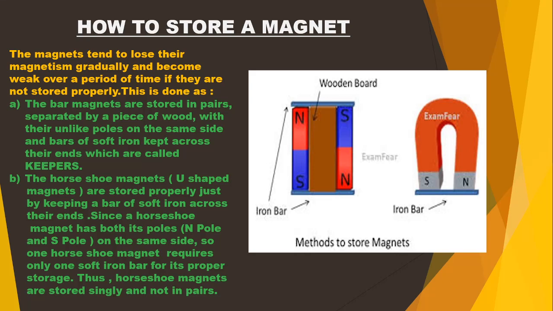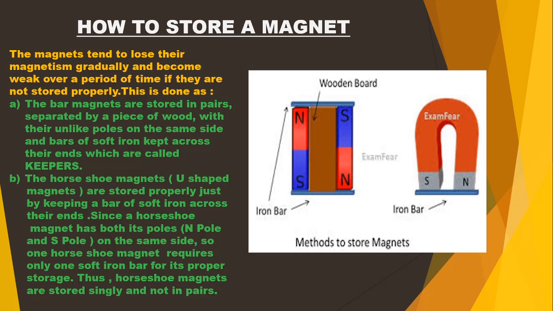First, bar magnets are stored in pairs, as you have seen in the diagram. They are stored in pairs, separated by a wooden board or a wooden plate or a wooden piece.